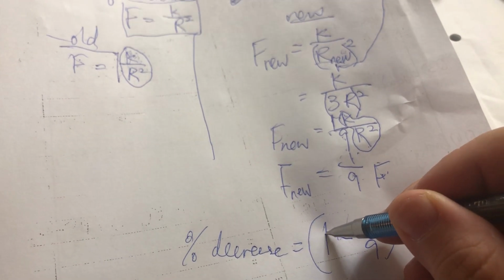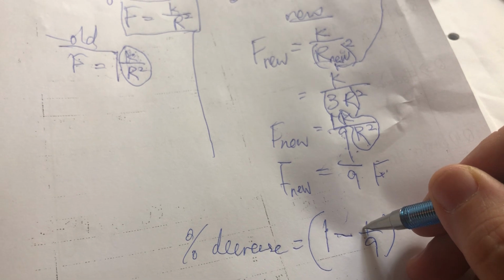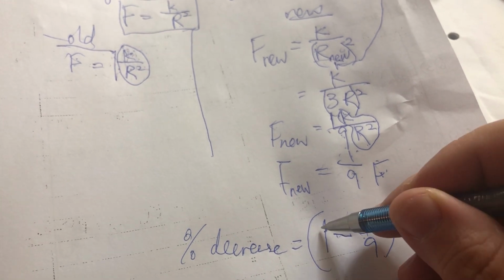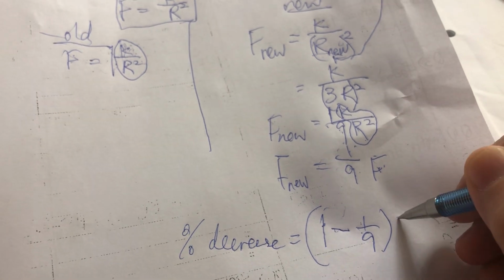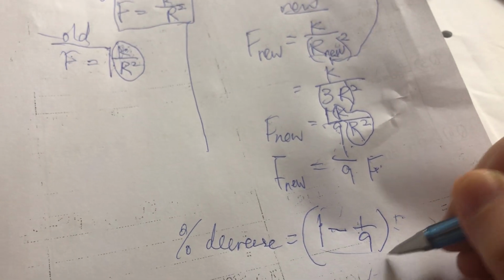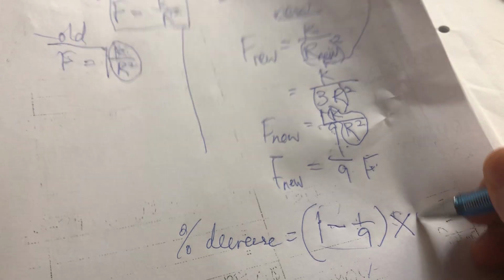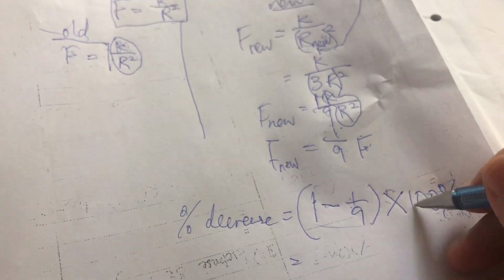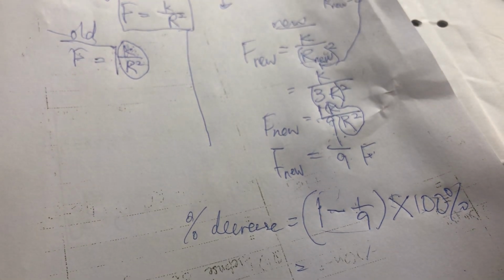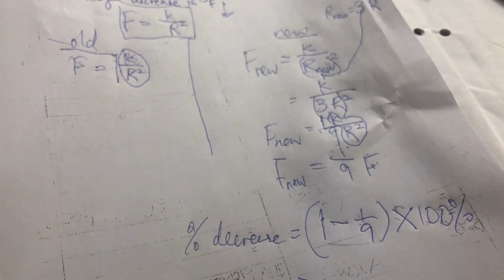Because this is the original, this is the new one, and from here it dropped down to 1/9 of the F. By right you are supposed to write F here, F there, but we don't right now. We keep it simple. Then that will be your answer. Okay, you press calculator, that will be your answer. Okay, that's all for this question.